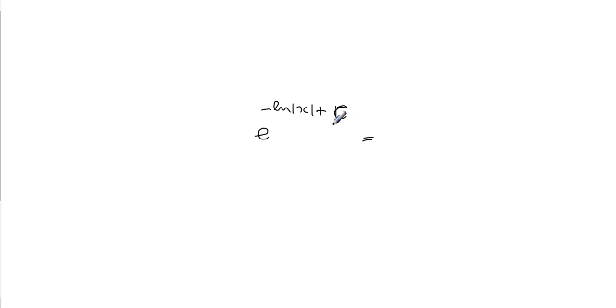And we need to play around and simplify this, and we get e to the power ln of 1 over x, using properties of logarithms, plus c, which gives us e to the power ln 1 over x multiplied by e to the power c. And you can set here our e to the power c to be constant k.